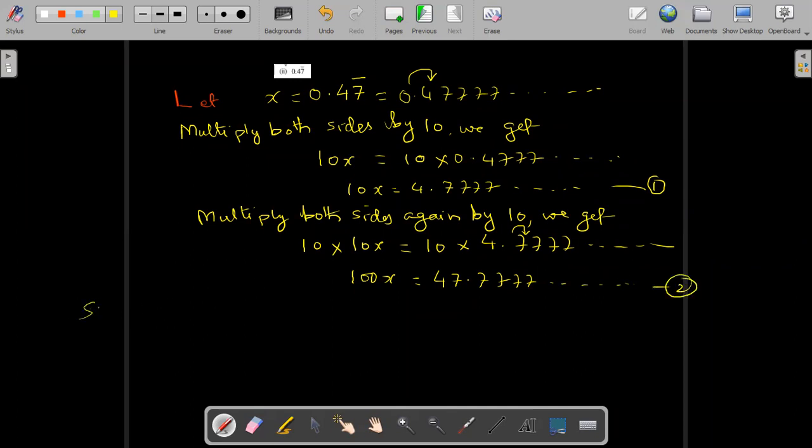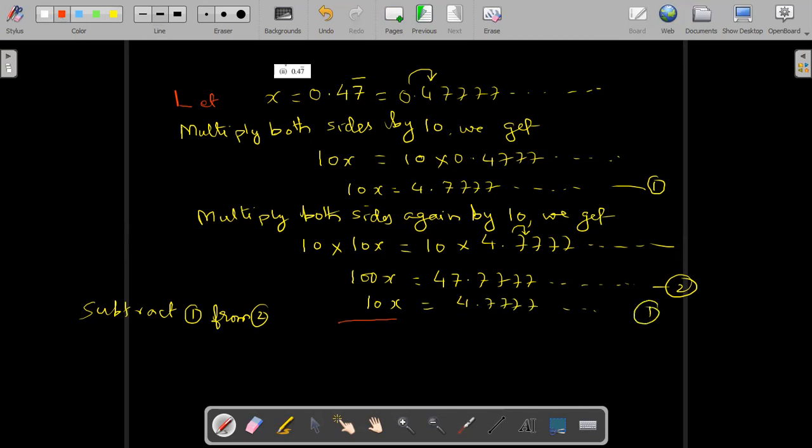Now subtract the first from the second. The second as it is, and the first I will write here again to avoid a shortage of space, so I am writing equation number 1 and then subtracting directly.